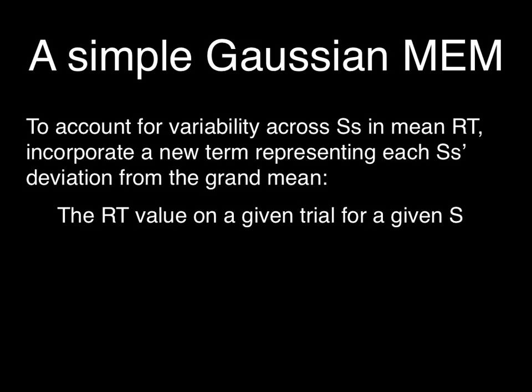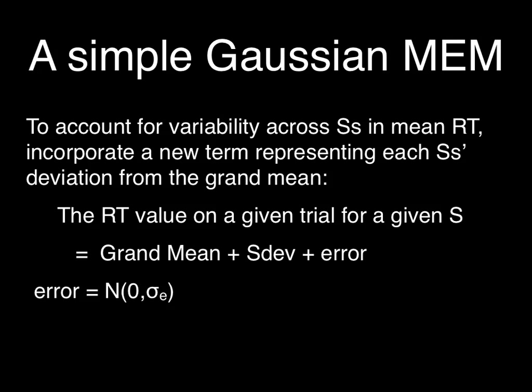The reaction time value on a given trial for a given subject is determined by the grand mean, plus the subject's deviation from the grand mean, plus error. Here we're taking into account the variability that we all know exists between people in terms of their overall mean response. And again, error is modeled as a Gaussian distribution with standard deviation sigma e.